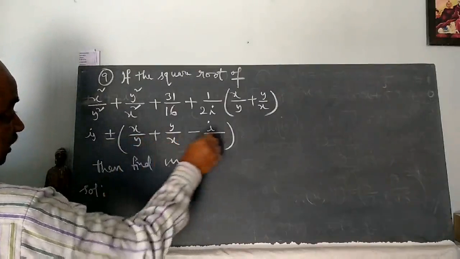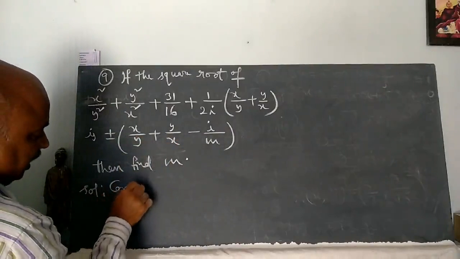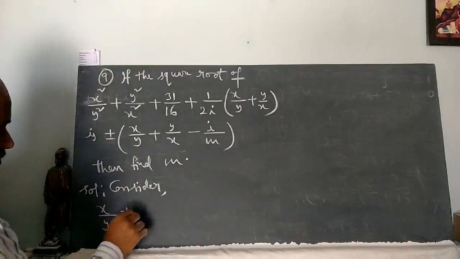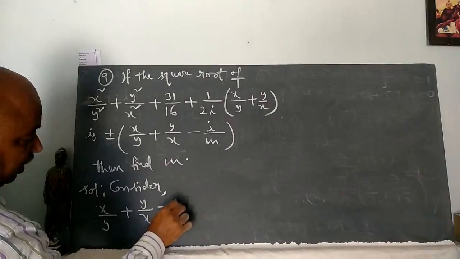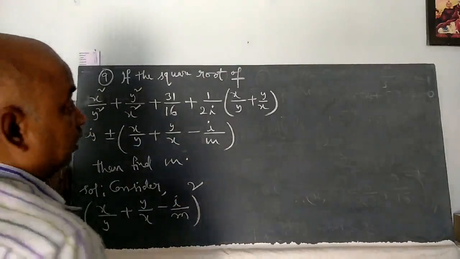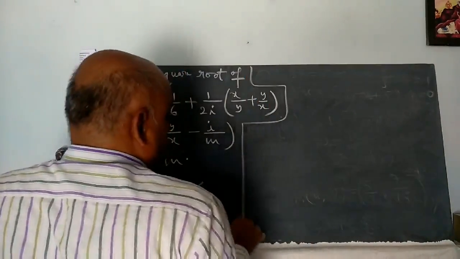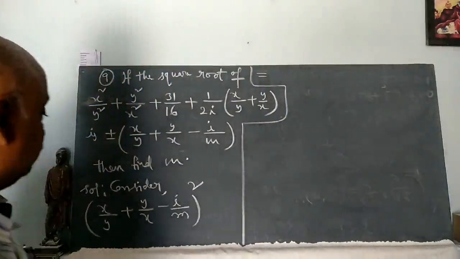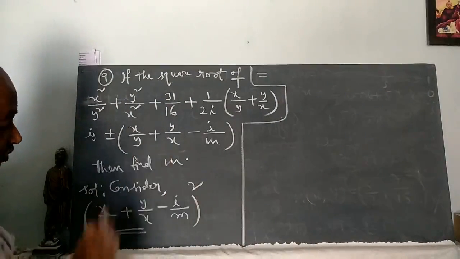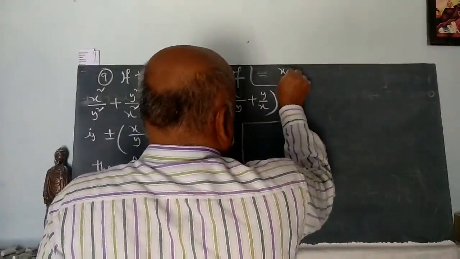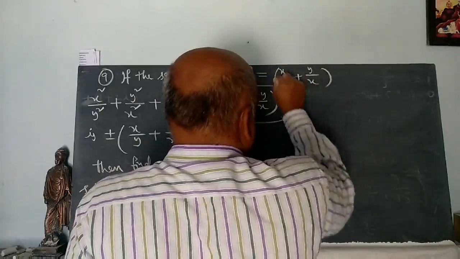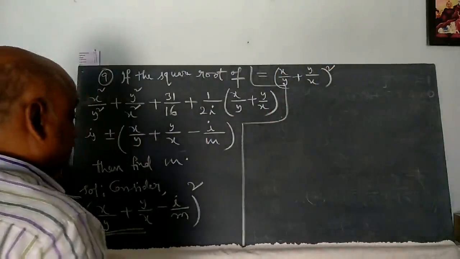Solution. Consider the whole square of this expression. Consider (x/y + y/x − i/m) whole square. This is (a − b) whole square, so (x/y + y/x) whole square plus b square.